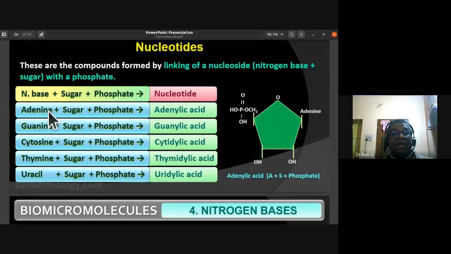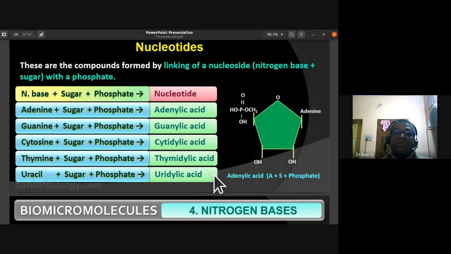So adenine plus sugar plus phosphate, we call it adenylic acid or AMP. Guanine plus sugar plus phosphate, guanylic acid or GMP. Cytosine plus sugar plus phosphate, cytidylic acid or CMP. Thymine plus sugar plus phosphate, thymidylic acid or TMP. Uracil plus sugar plus phosphate, uridylic acid or UMP.